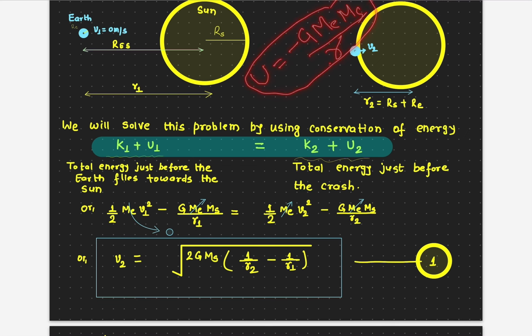So here at this point, G, m is the mass of the earth, mass of the sun, and the distance here we call r2. The r2 will be the radius of the sun plus the radius of the earth.